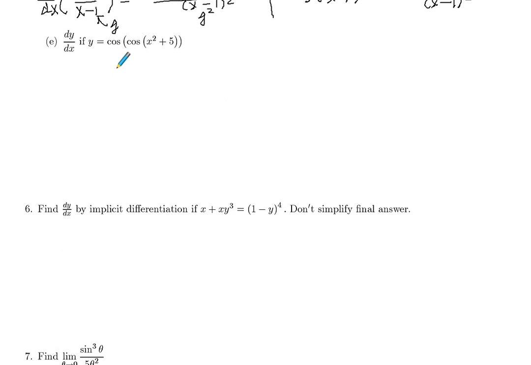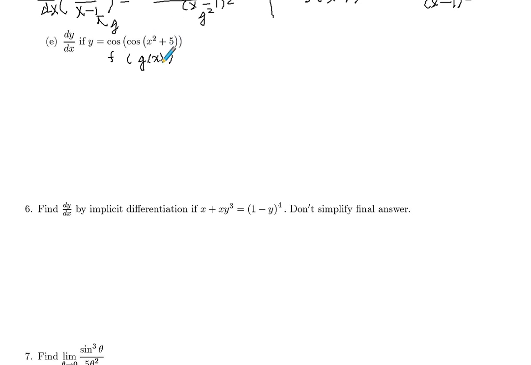And then part E here, this one is a composition. So we've got cosine, and then we're plugging in the cosine of x squared plus 5. So actually this one is a double composition. You've got to be a little bit careful. See here our outside function is f, and then our inside function g of x is cosine of x squared plus 5.